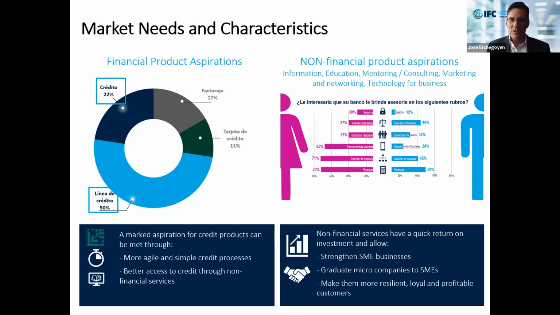And that's one of the products that seems to be more suitable for women and for SME needs. Then comes factoring, which is also an interesting product that is present in some more sophisticated markets. And finally, a credit card, which is a product that's present in most markets around the world.